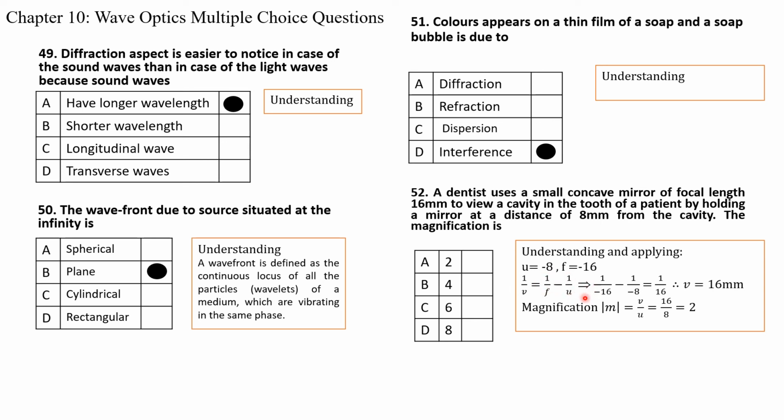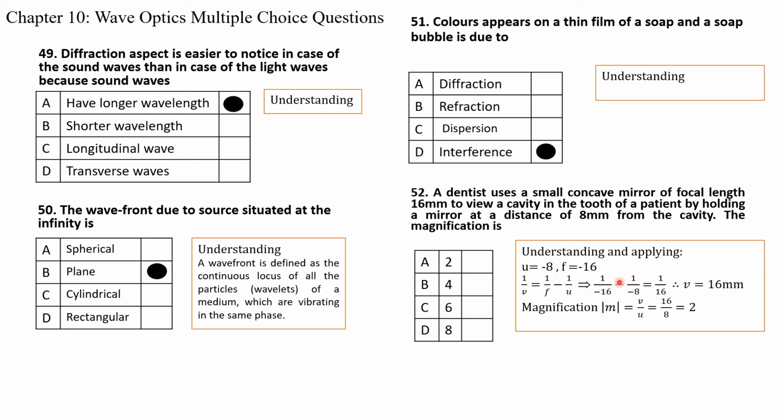That implies 1 over V is 1 over F, which is 1 over minus 16, minus 1 over minus 8. So simplifying, this becomes plus 1 over 8 minus 1 over 16. Please simplify this.